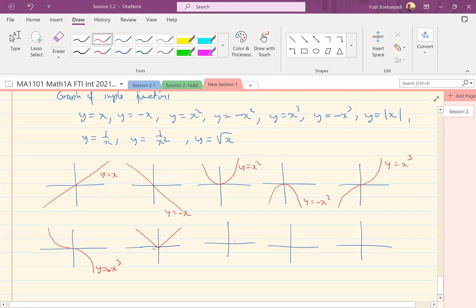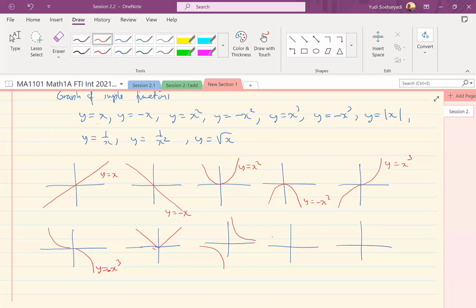Okay, and let's see three more. For this one, 1 over x. In this case, the x-axis would be the horizontal asymptote, and the y-axis is the vertical asymptote.